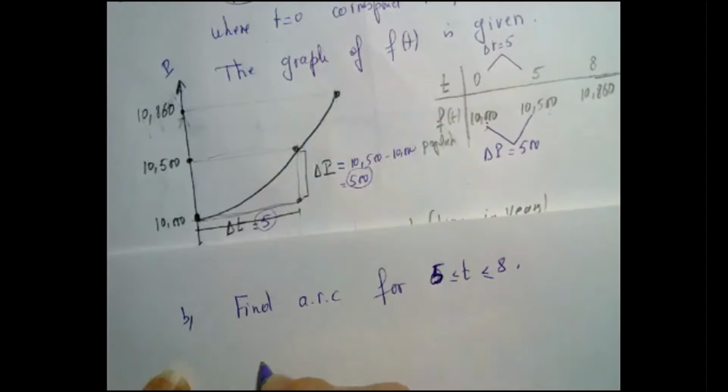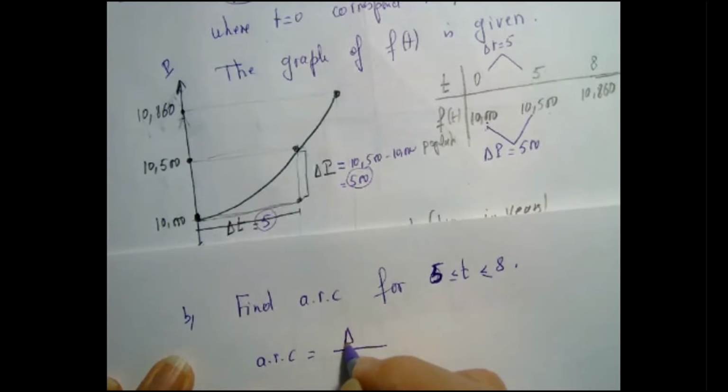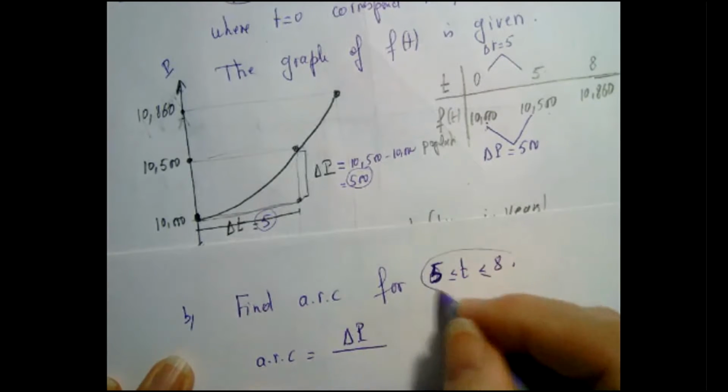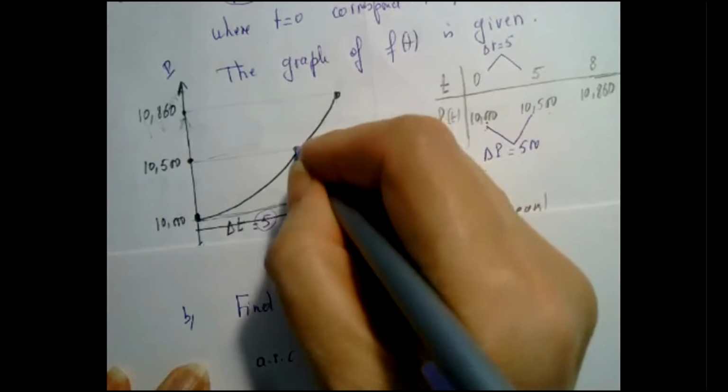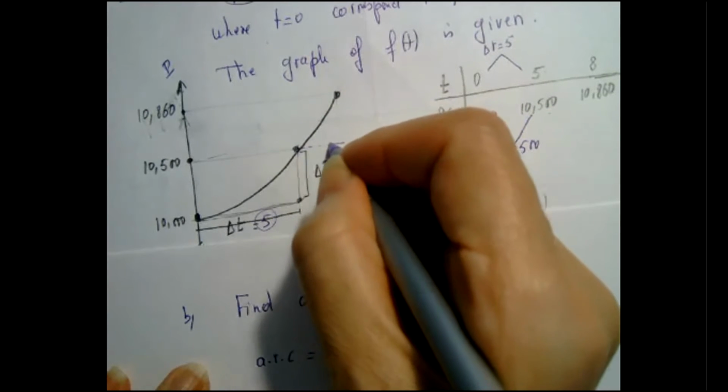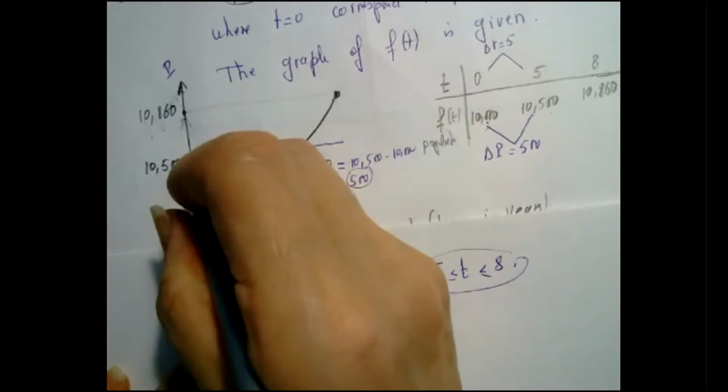So what's the average rate of change? It is how much the population changed between those two times divided by how long it took to do this change. So graphically now, this is my 5 and this is my 8. So my population was at 10,500.